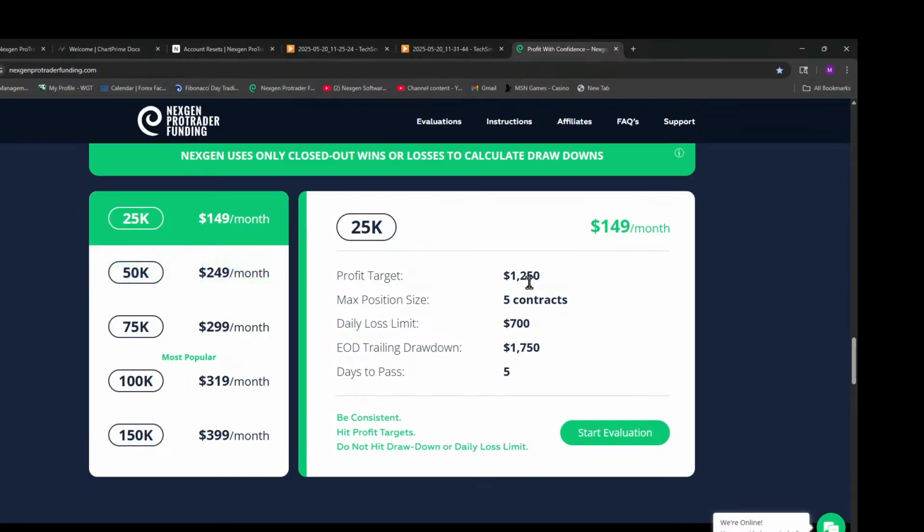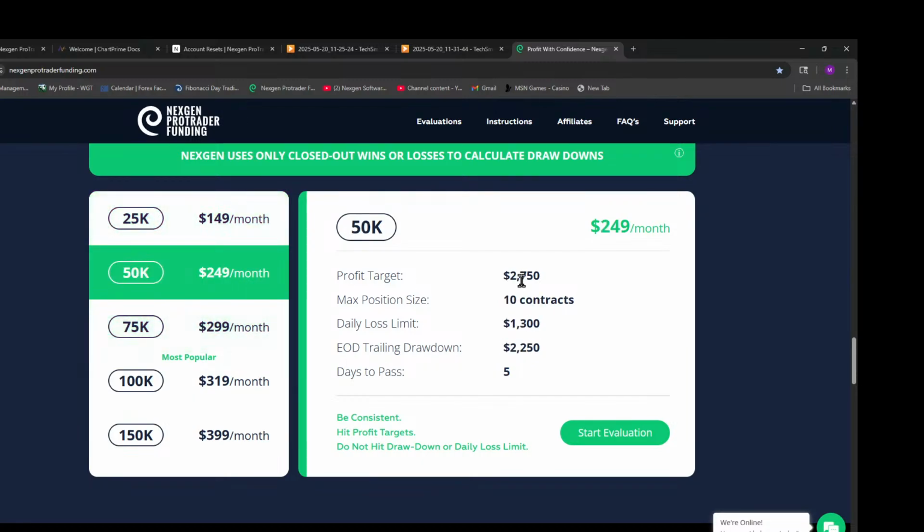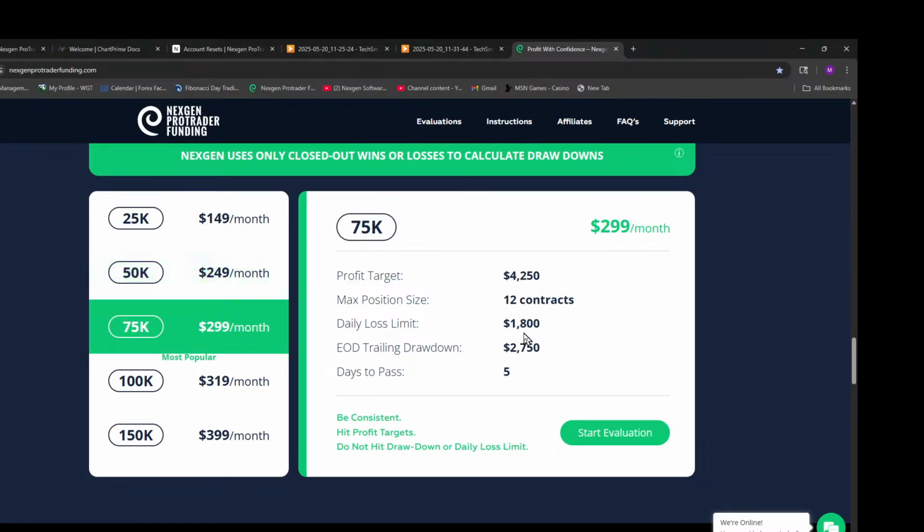So your profit target is $12.50 on the 25,000. You can't lose more than $700 in a day. If you do, you disqualify. You can't lose more than $17.50 total. So are you comfortable with those numbers? If you're not, you can have a little bigger daily loss limit when you go higher.